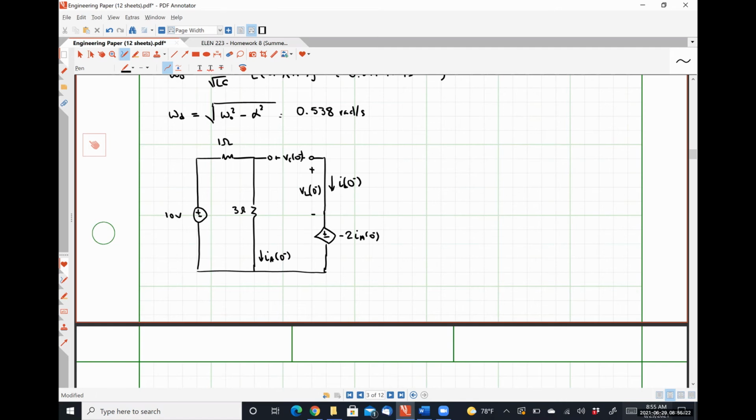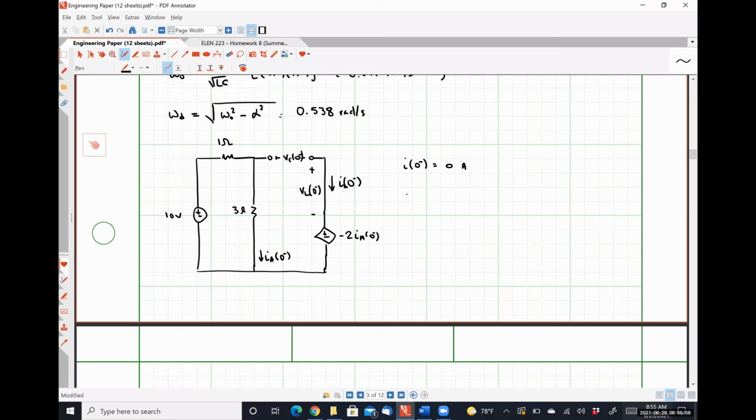All right, so let's take care of some low-hanging fruit first. It should be fairly obvious that I of 0 minus is 0 amps, because that represents the current flowing through the capacitor, which is 0 because it's an open circuit. So that one's pretty easy.